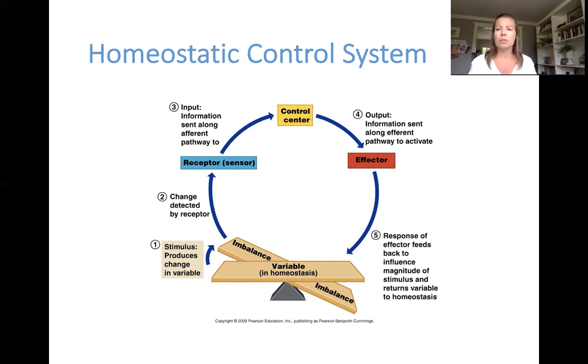Another example would be with body temperature. If you go outside on a really cold day and your body temperature starts out at 98 degrees, but then it starts dropping, going from 98 to 97, 96, 95, that is definitely going to be detected by a receptor. It's going to report that information to the control center, and the control center is going to tell an effector in the body how to correct that change.